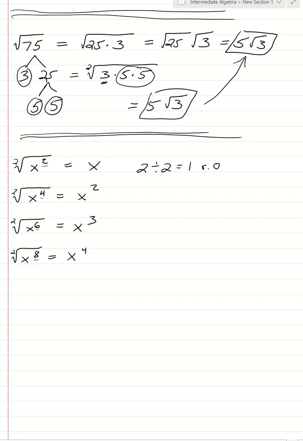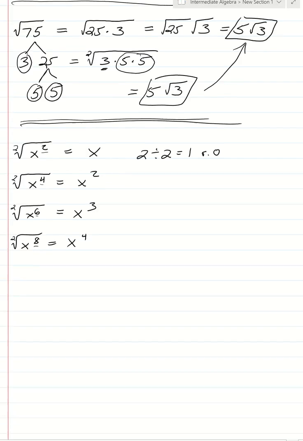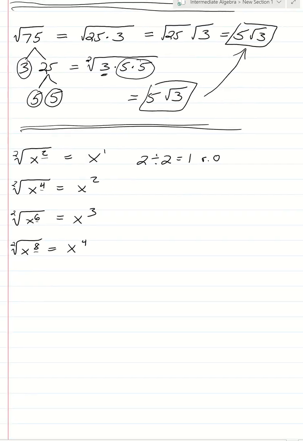There is no remainder. So that's why there is 1x on the outside. For the second example here, I'm going to take the exponent of 4 and divide it by the root index of 2, and that goes twice with no remainder. And that's why there is an x squared left over.